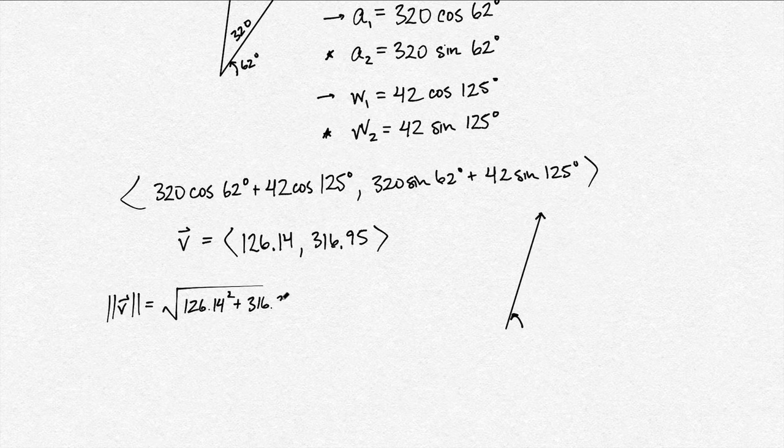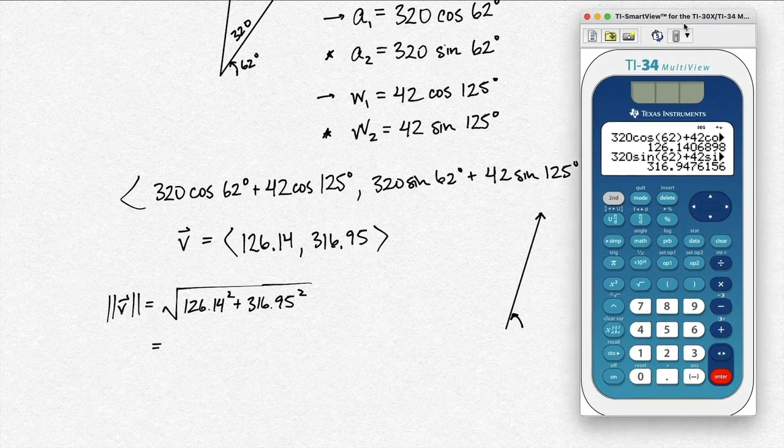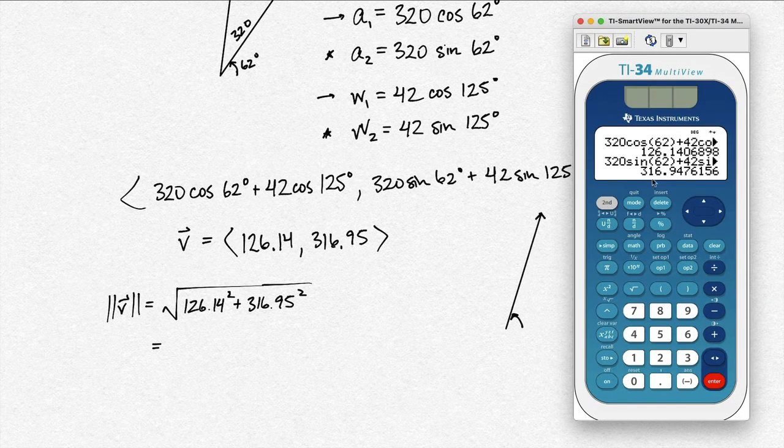I'm going to make sure that when I'm computing this, I'm using the exact forms that I got in my calculator. So back to my calculator, I'm going to use those full exact numbers. I've got that number, I'm squaring it, and then plus the other number, and I'm squaring that.